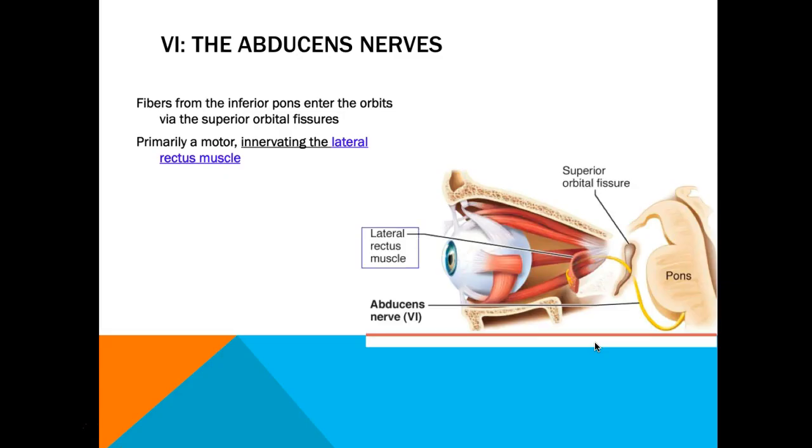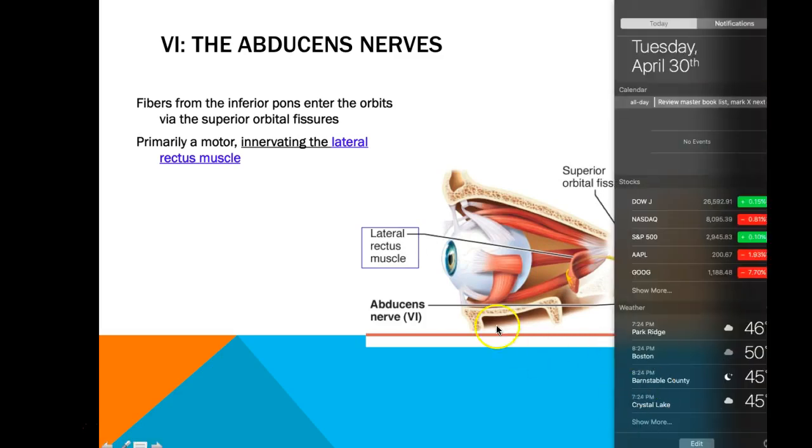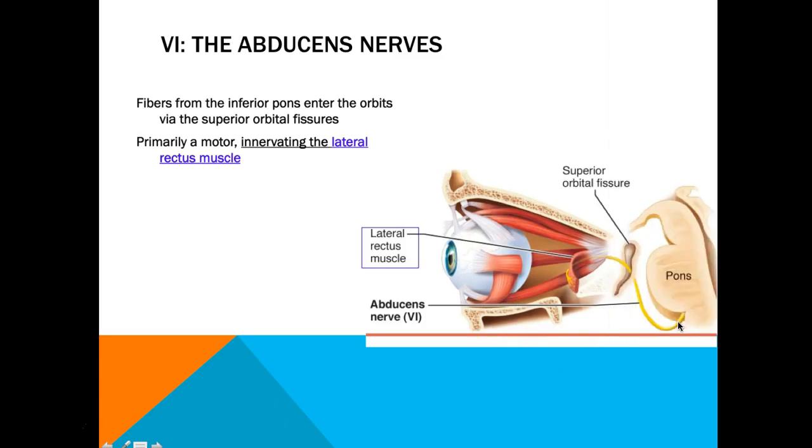Now let's move into cranial nerve number 6, your abducens nerve, which is the last one to leave the brainstem. At this point, it is inferior to the pons and exits out the superior orbital fissure. From there, we are going to just one muscle, and that is your lateral rectus muscle.